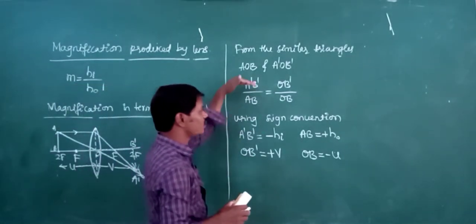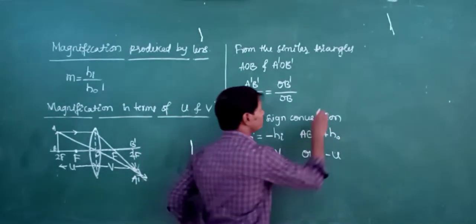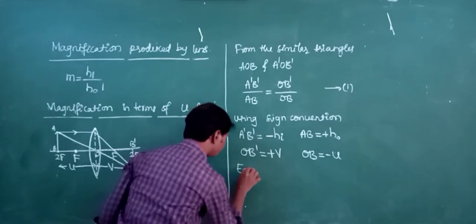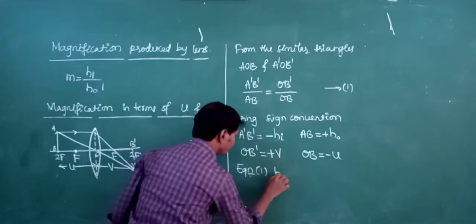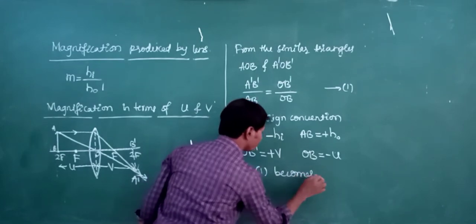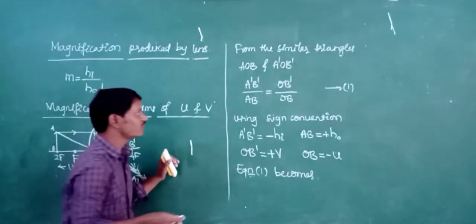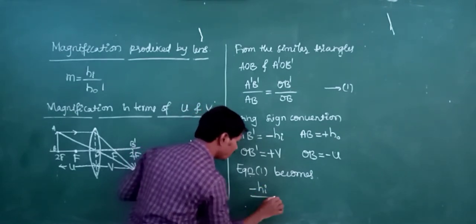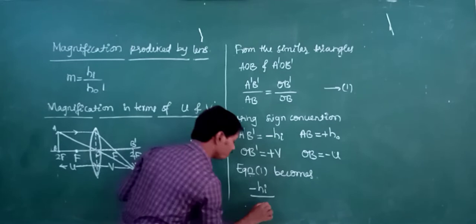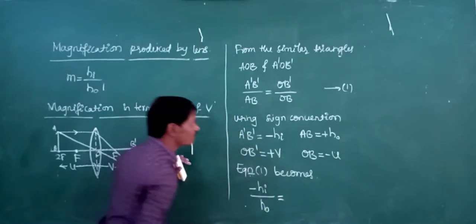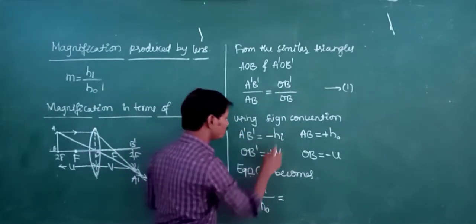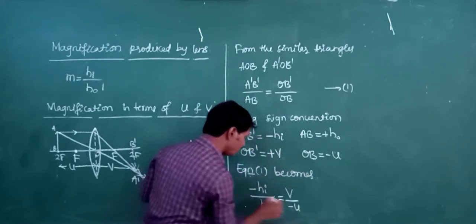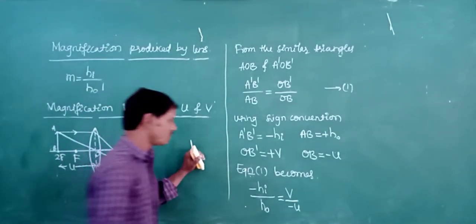Then by putting these values in equation 1, we can write: A'B' is nothing but minus HI, divided by AB, which is plus HO, is equal to OB', which is plus V, divided by OB, which is minus U. Then the minus gets cancelled. What is left now?